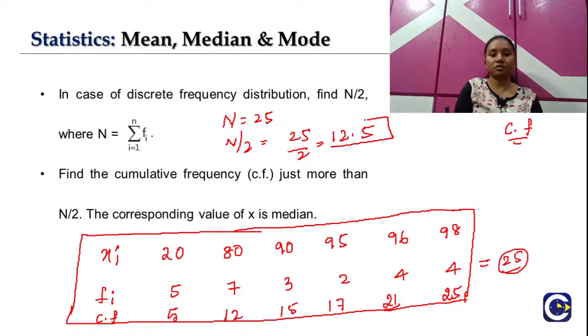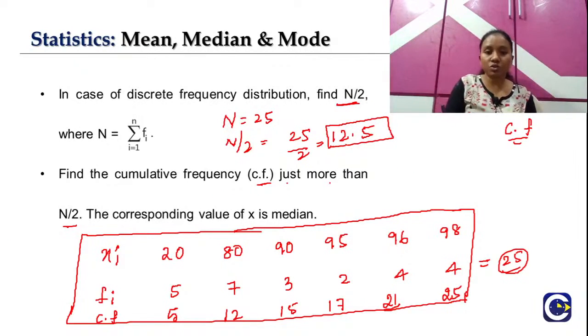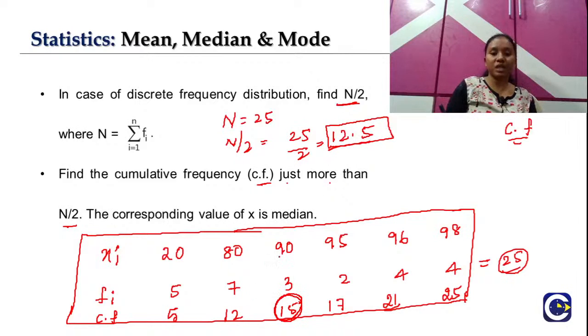12.5. So once we have found N by 2, then find the cumulative frequency just more than N by 2. So here we have 12.5. So we have to identify the cumulative frequency just more than this. More than 12.5 we have 15, because 12 is less than that.